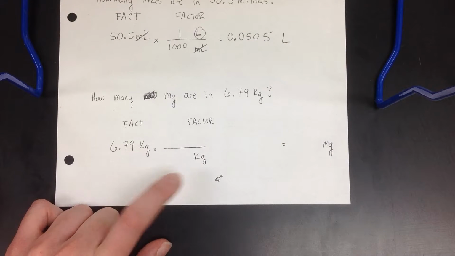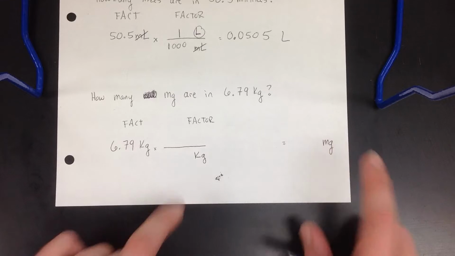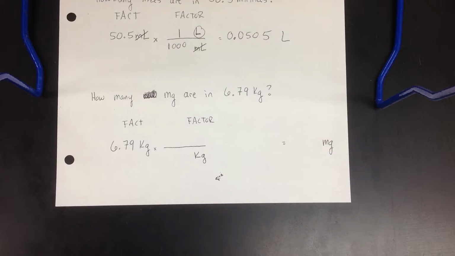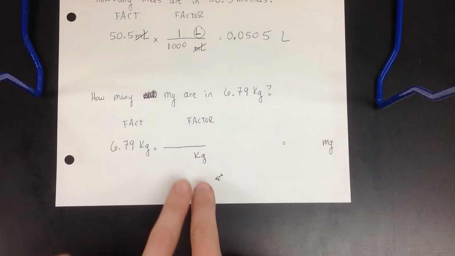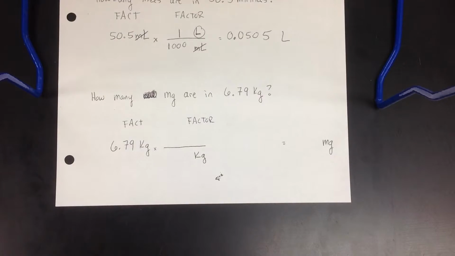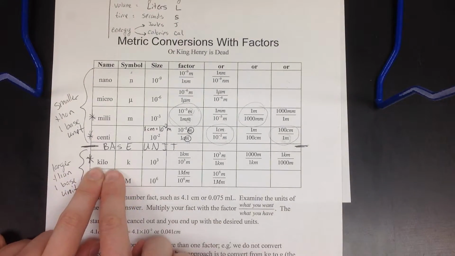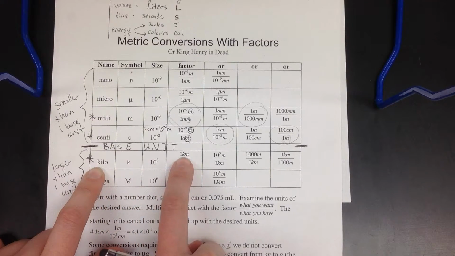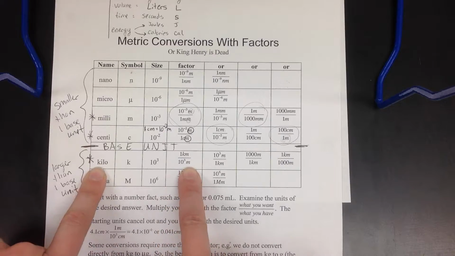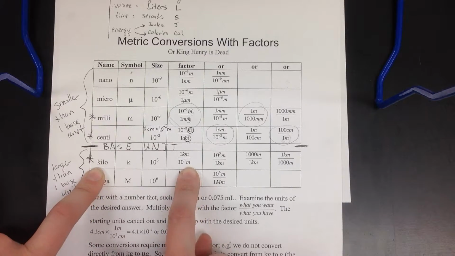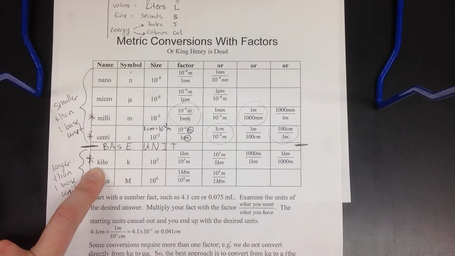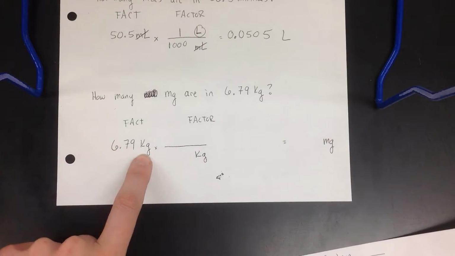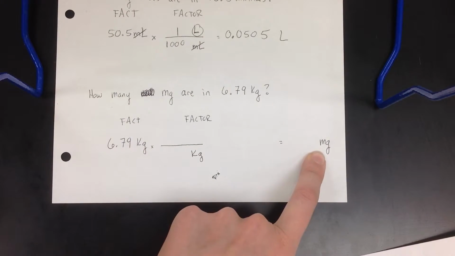And I am trying to get to milligrams. So I need to find a factor that gets me directly from kilograms into milligrams. Well, if I look on this page, find my kilo, I can go kilo into my base unit, but I don't have any factor that gets me directly from kilo into milli.